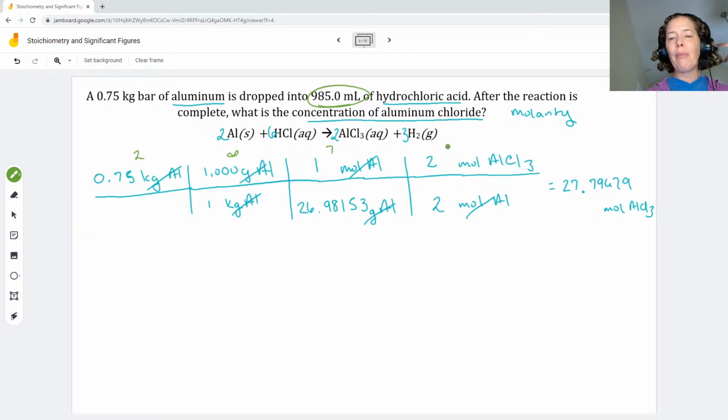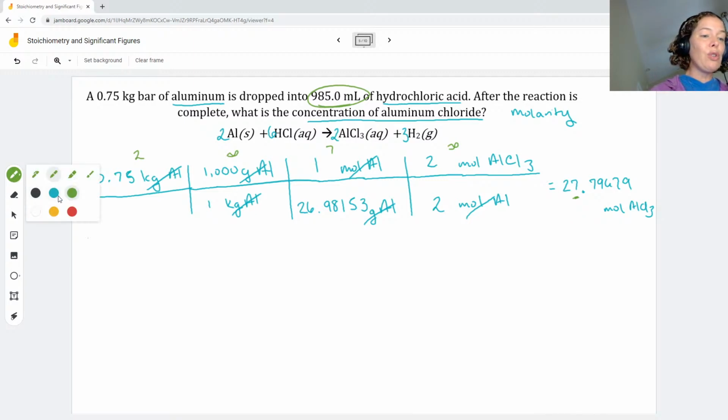And of course, my mole ratio has an infinite number. So I am limited to 2 sig figs, which means I want to round right here. Again, I am not going to actually round there yet because if I round too early, I will introduce rounding error into my final answer. So I just put a little line over where I need to round so that I remember when I go to the next step, this is where you need to round for the correct number of sig figs.